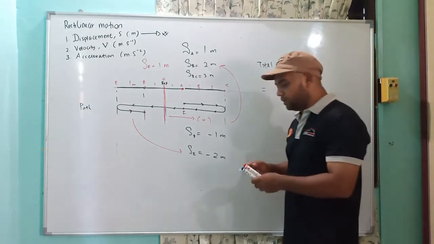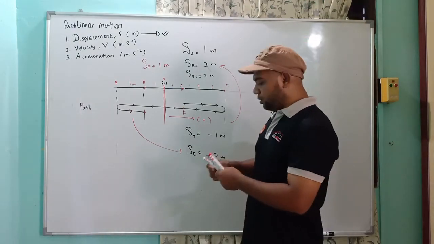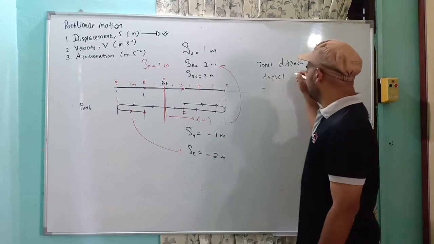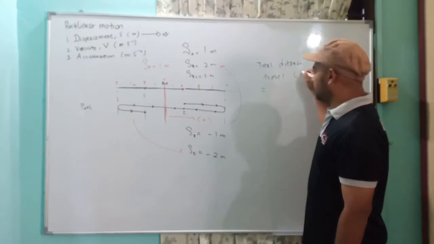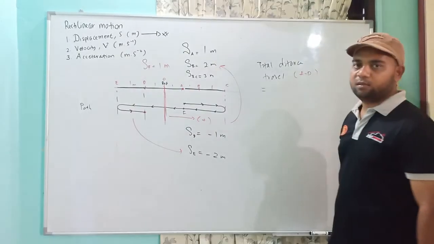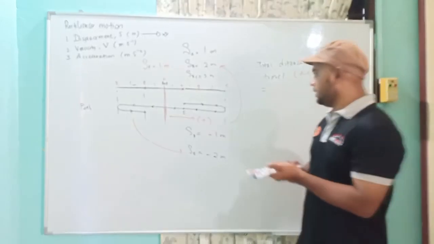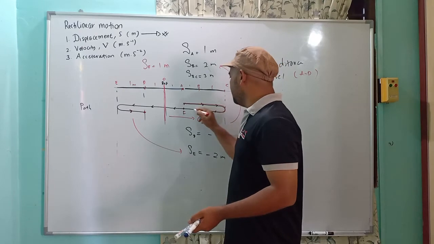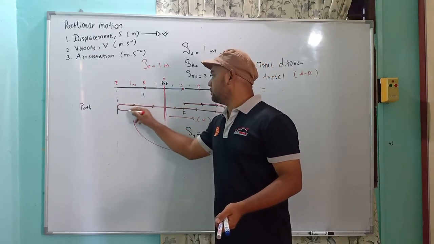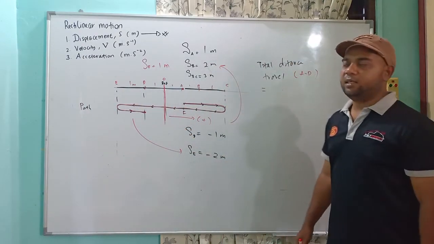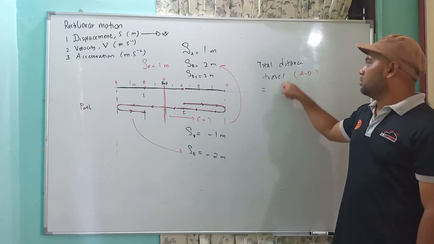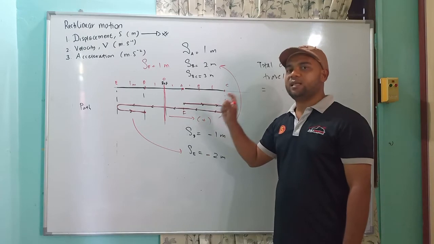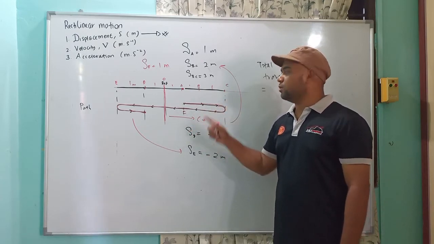What we need to do is take all these values. For example, the total distance travel moving from A to D. We need to take all these lengths. If the question asks you to calculate the total distance travel, you first draw the path, then you can see where it really goes, and then you can measure.